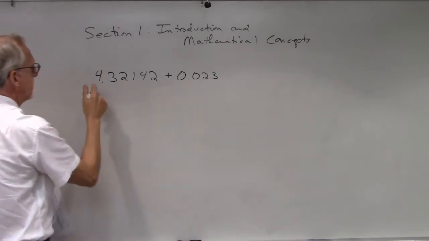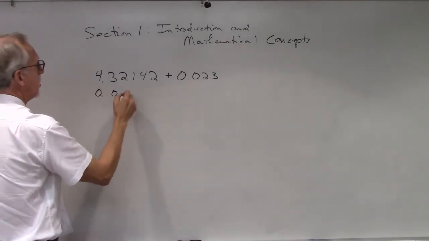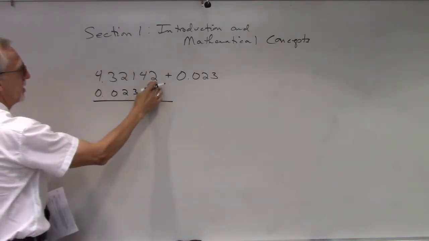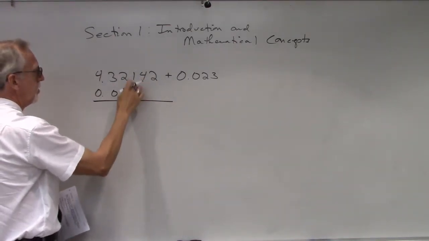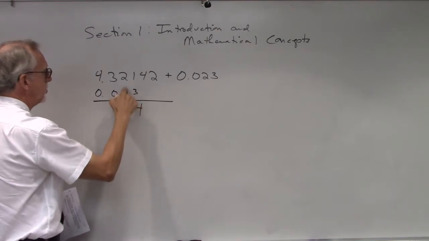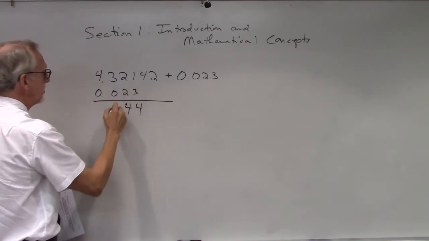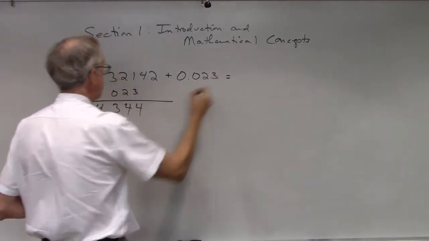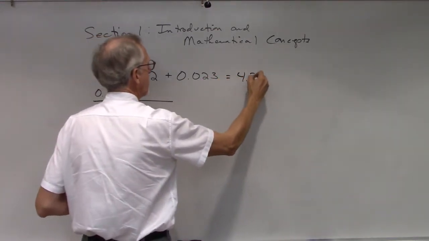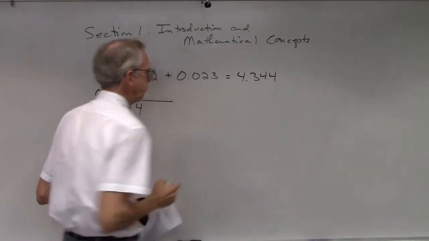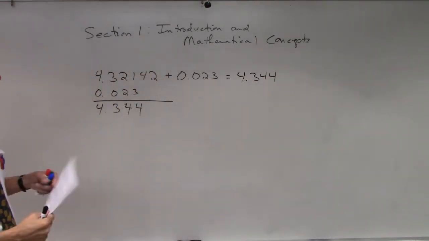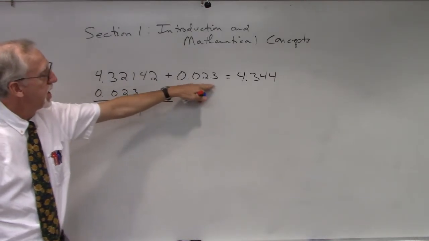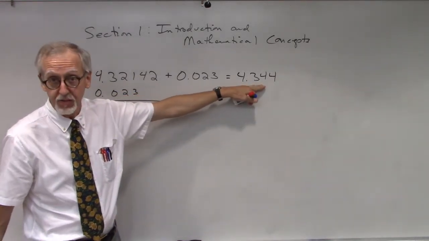So let's write this over here, 0.023, and what do we get? Well, here we don't know. We don't know. 1 and 3, 4. 2 and 2, 4. 3 and 0, and 4. So what we end up with here is this equals 4.344. So notice we have 6 significant figures, 2 significant figures, and we end up with 4 significant figures.